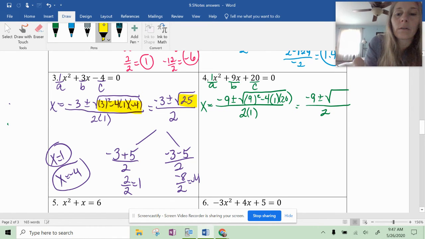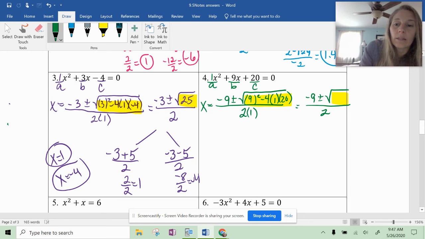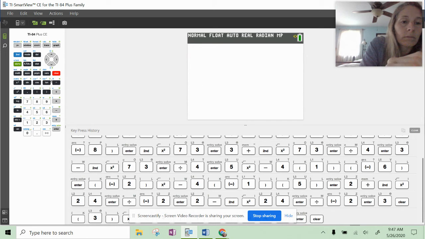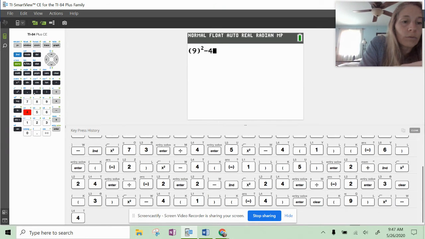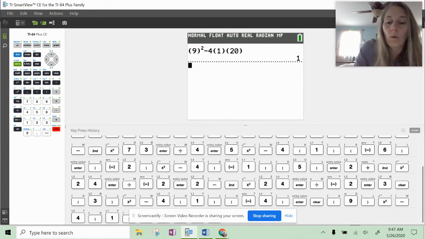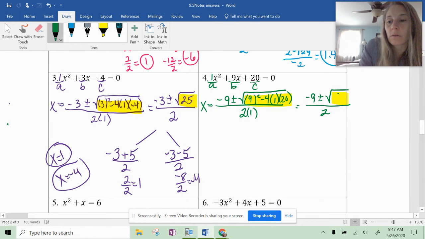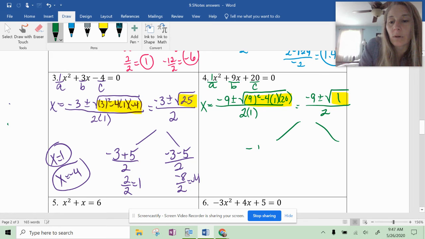And I'm going to go ahead and calculate that discriminant. So 9 squared minus 4 times 1 times 20. And this time I get 1. So that's just 1. So now I can split it up because 1 is a perfect square.